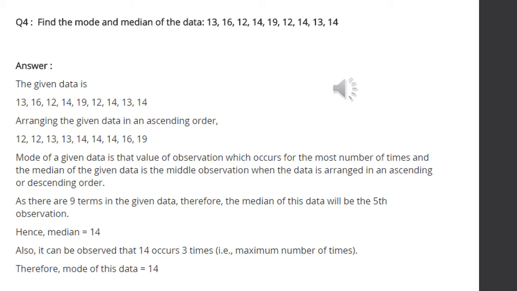It is an odd number, so the median will be the (n plus 1) by 2th term, 9 plus 1 by 2, 10 by 2, that means the 5th term, and the 5th term in the observation is 14. So the median is equal to 14. We can also see that 14 occurs 3 times, the maximum number of times. So the mode of this data is also 14.